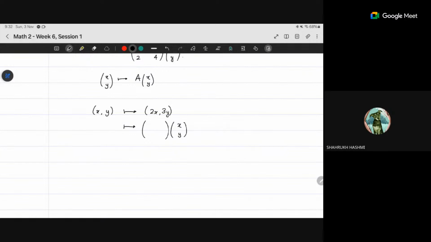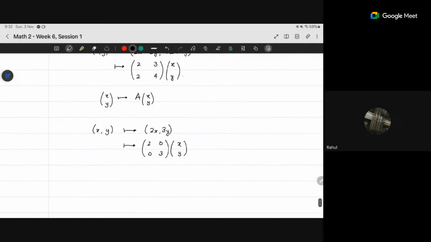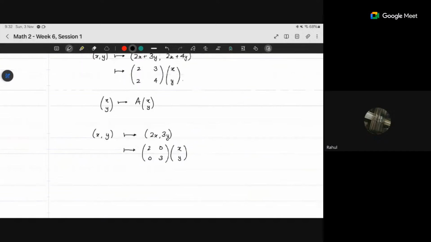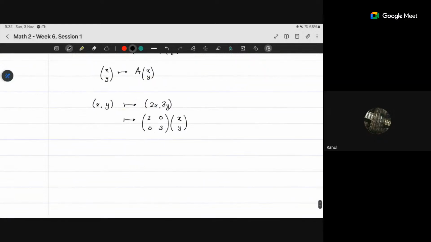So what is this matrix? 2, 0, 0, 3. Right? So how did we come up with this? We just saw the definition and we figured this out. And all linear transformations are typically written like ax plus by plus cz if you have R3 to R2, whatever. And you can form this matrix.